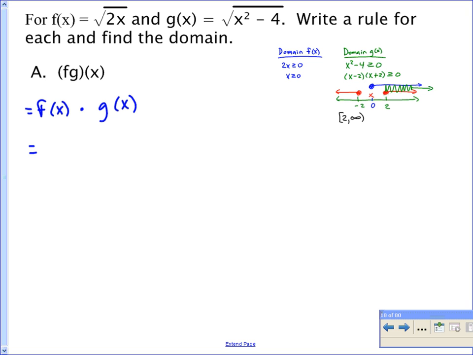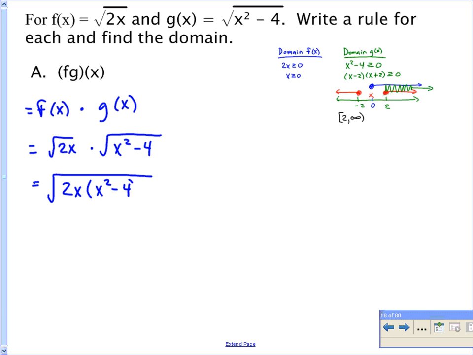And in this case, we have root 2x times square root of x squared minus 4. And when I can use one radical, and I can leave it like that, or I can go ahead and multiply and get my 2x cubed minus 8x. And then, of course, my domain is what we found it to be.